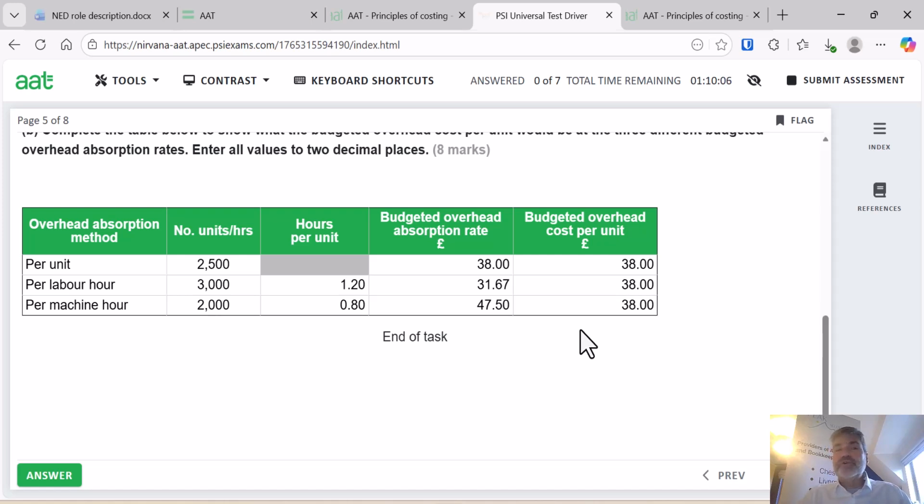So of course you would expect the eventual overhead charge, the overhead absorption amount per cost unit, to be the same.